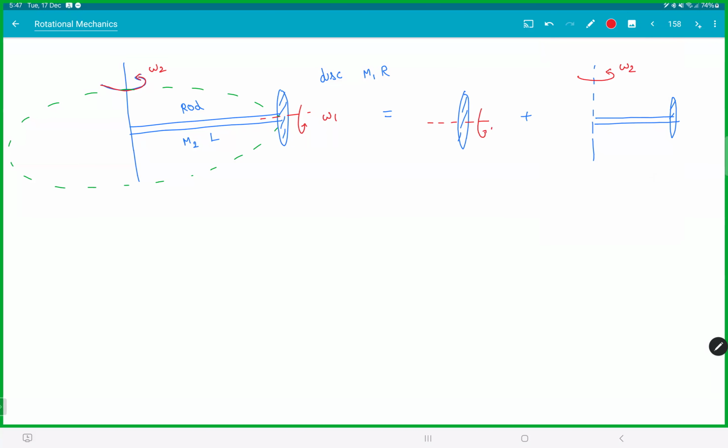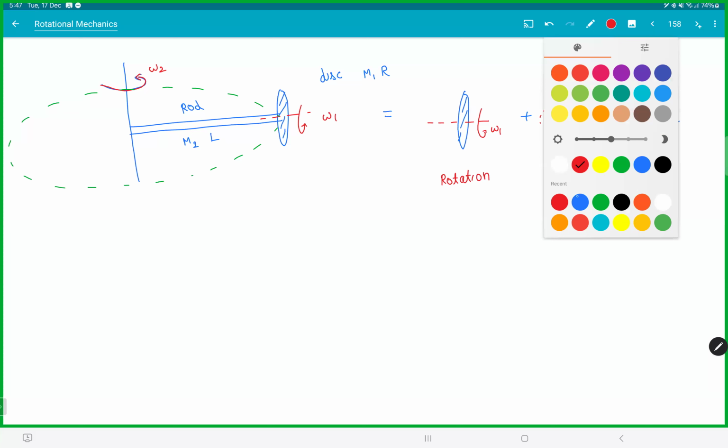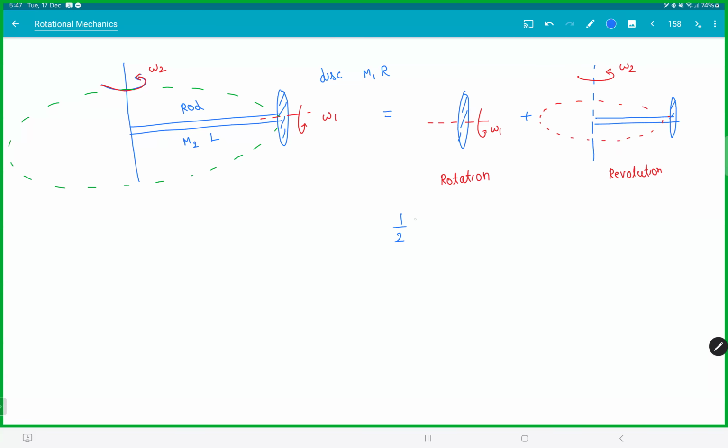So basically, we have rotation and we have revolution. You're rotating with omega 1 and you're revolving with omega 2. So for this, the energy would be half I omega 1 square. What is the moment of inertia for this? For a disk about the perpendicular axis it is m1 r square by 2, so the energy is half times m1 r square by 2 times omega 1 square. That is the energy for your rotation.